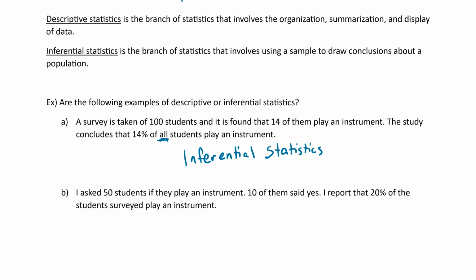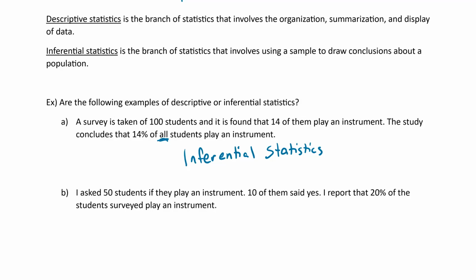For part B, I asked 50 students if they play an instrument. 10 of them said yes. I report that 20% of the students surveyed play an instrument. So in this case, 10 out of the 50 students played an instrument, so that is just 20%.